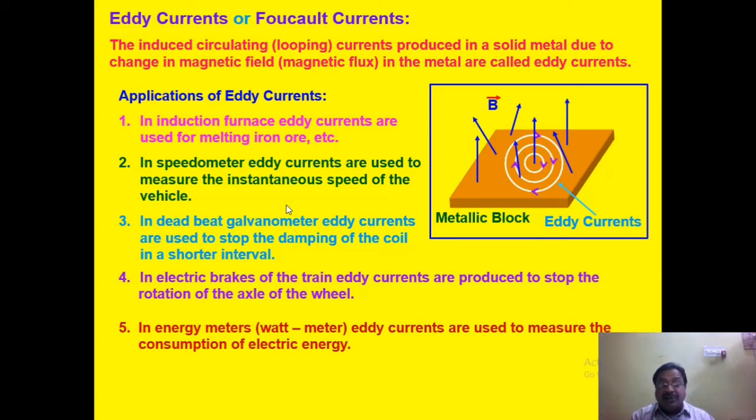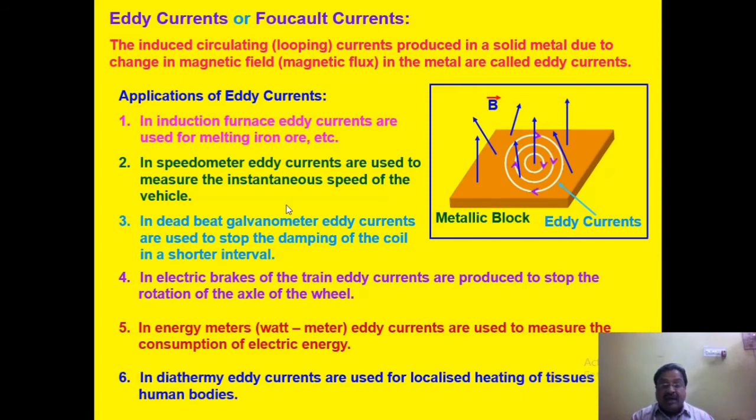And in energy meters, generally in watt meters, eddy currents are used to measure the consumption of electric energy. And in diathermy, eddy currents are used for localized heating of tissues in human bodies.